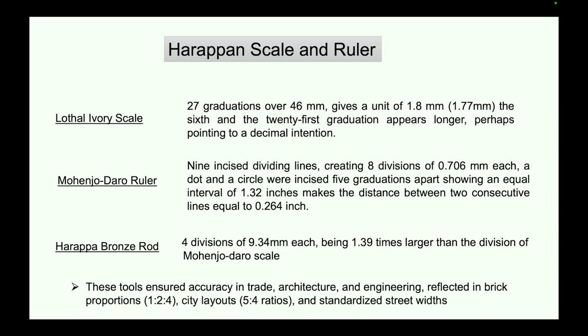These tools ensured accuracy in trade, architecture, and engineering, reflected in brick proportions, which are 1 to 2 to 4, city layouts with a 5:4 ratio, and standardized street width. So we can see they chose materials which were accurate for calculation.